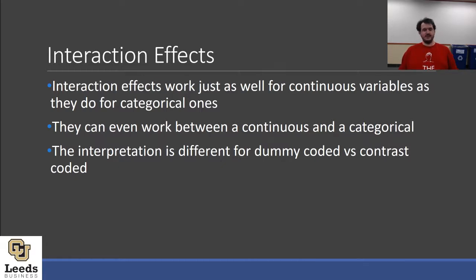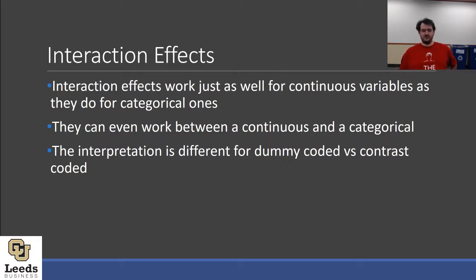The next thing I want to note is that interaction effects work just as well for continuous variables as they do for categorical ones. You could absolutely multiply age times fare instead of multiplying sex times pclass. Because in regression you have to convert everything to numeric anyway, they also work between continuous and categorical.